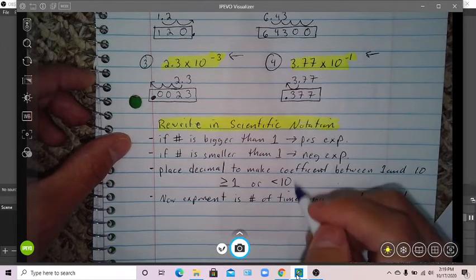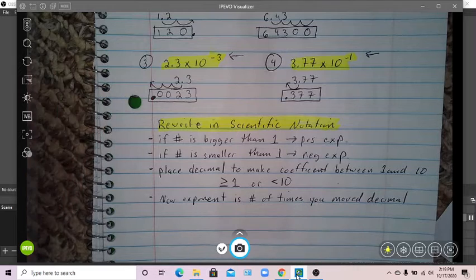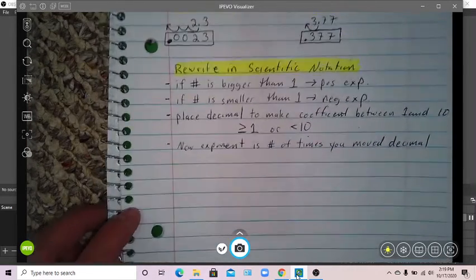The number of places or the number of times you move the decimal. Alright, so this is how it's going to look in IXL.